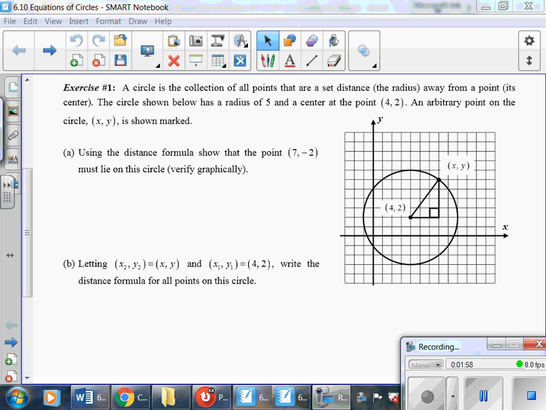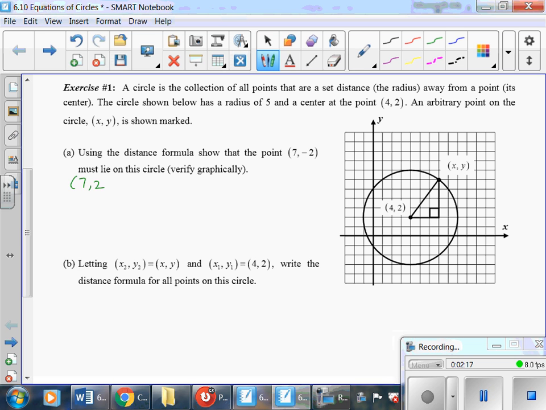I kind of gave you a hint by having you recall the distance formula, but if it is on this circle, it should be a distance of 5, because they told us that the radius of this circle is 5. So if we consider one point being 7, -2, and the other point being the center, which is 4, 2, now we do our distance formula.